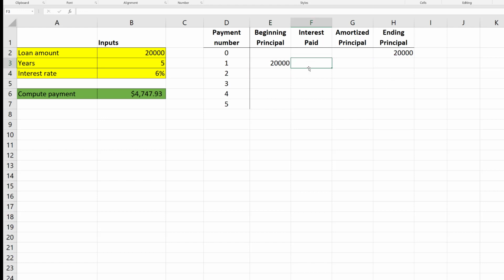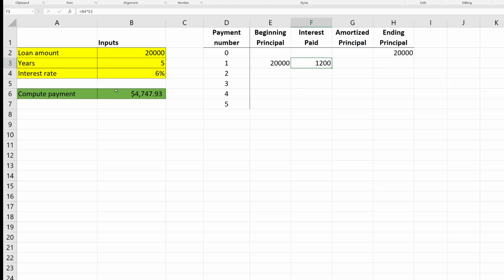The interest paid is simply the interest rate, which is cell B4, multiplied by the principal balance at the beginning of the period. So in this cell here, I'm going to say equals the interest rate times the beginning balance. And there I've got it. The first payment is going to have an interest component of $1,200.